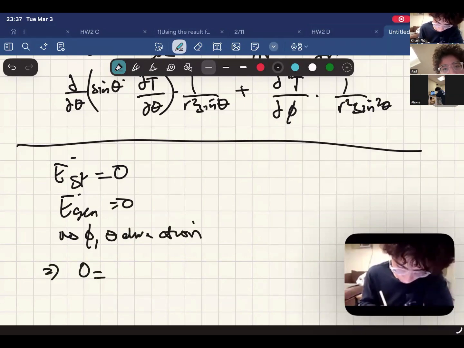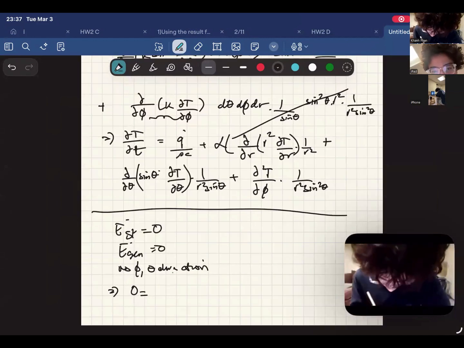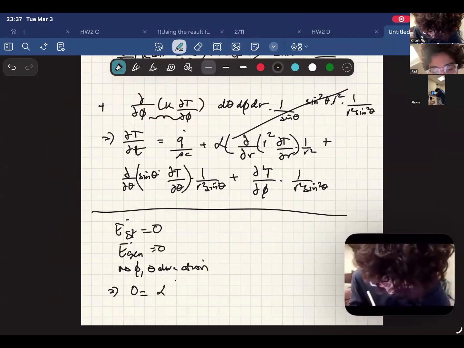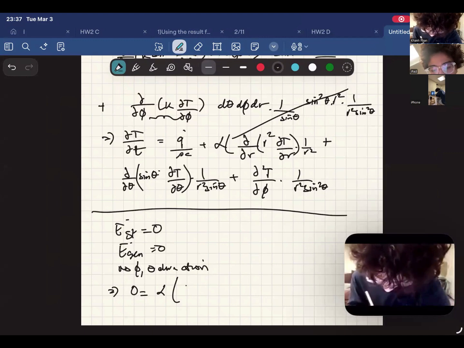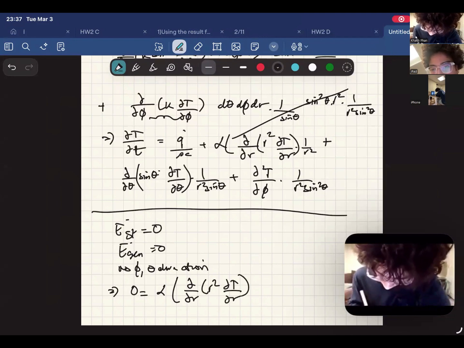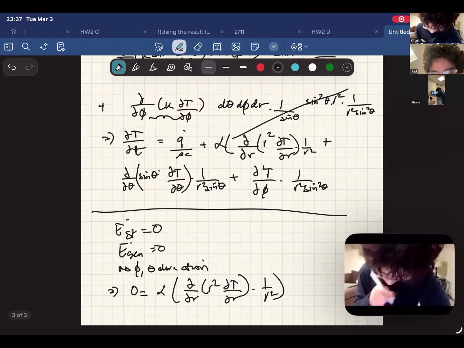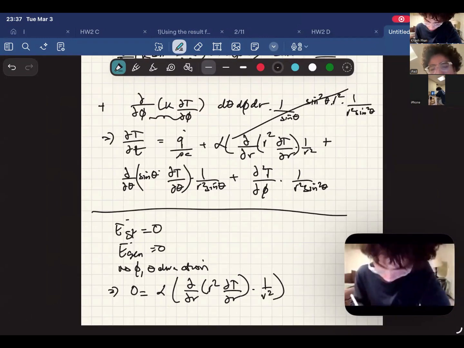So from our energy balance equation, we would have alpha times d over dr r squared dT dr times 1 over r squared. And 1 over r squared is a constant because it's outside the derivative.